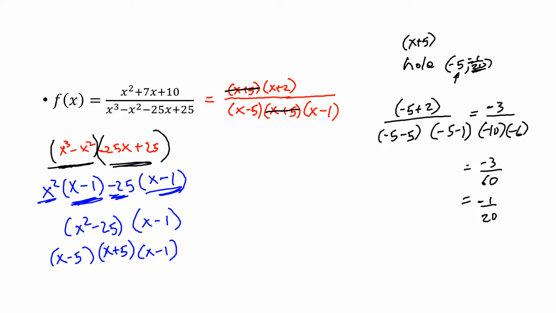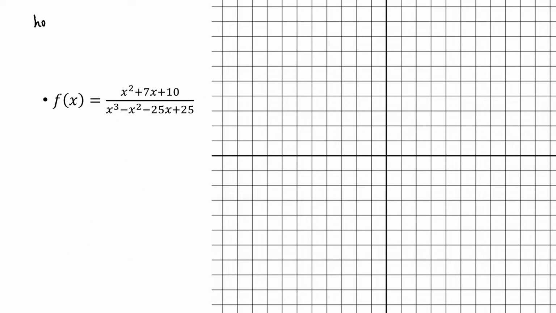So let's find out what our other attributes are. We already know that there's a hole at negative 5 comma negative 1 over 20. But what else can we find out? We need to find our x-intercept and also our y-intercept. Remember that for our x-intercept, for our rational function, we're going to concentrate on what makes the numerator 0. Our numerator, x squared plus 7x plus 10, factors as x plus 5 and x plus 2.